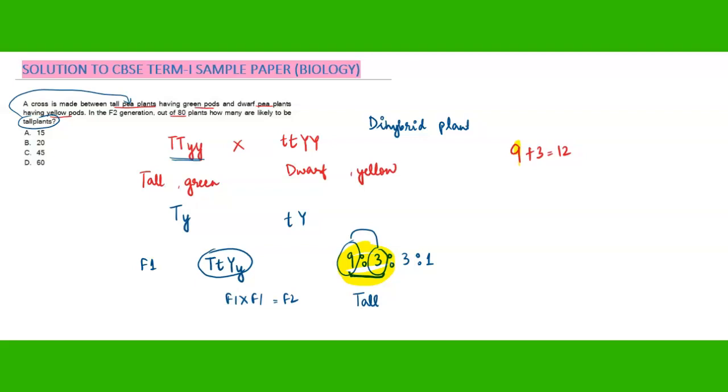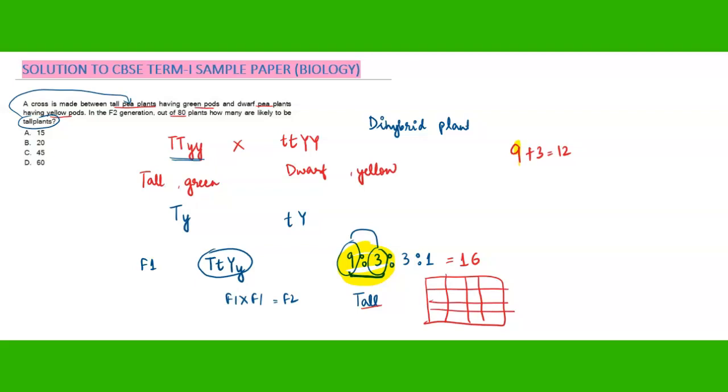So here we can consider tall as synonymous to round because we are talking about the dominant character. Now if you see how many individuals were formed in the dihybrid cross, 16, right? 9 plus 3 plus 3 plus 1 makes 16. In the Punnett square also 16 individuals were mentioned like this, right?